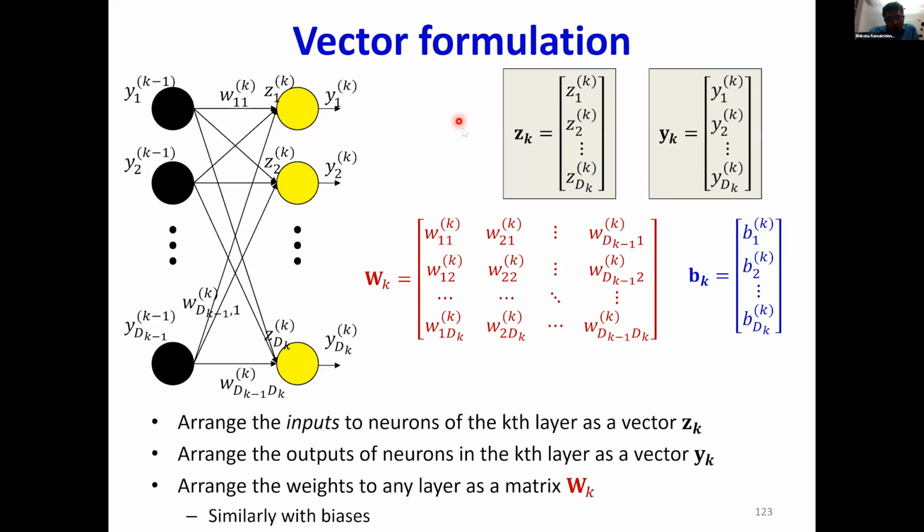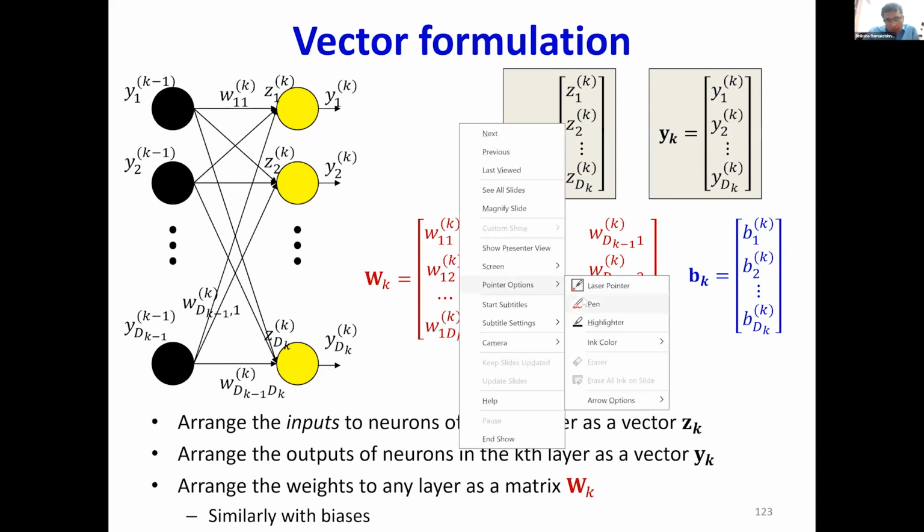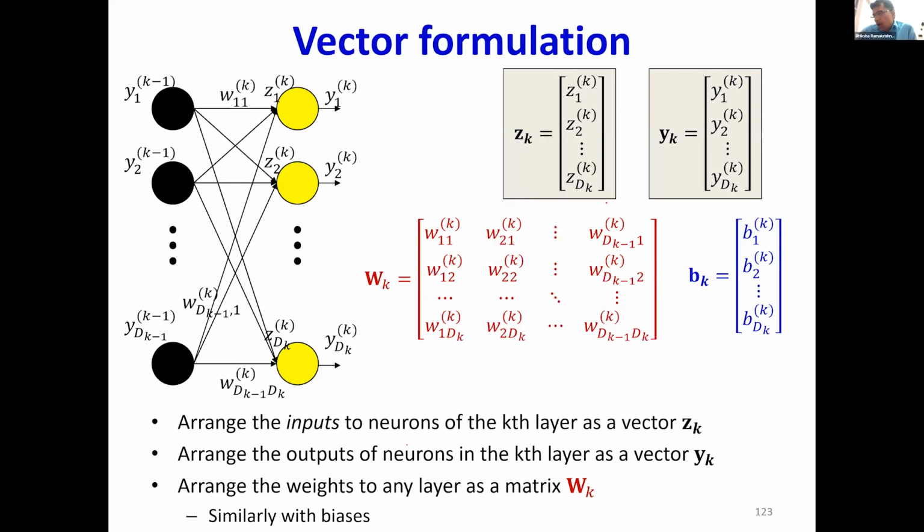So we can write a new variable zk. The subscript k represents the layer, which is simply a vector of all of these affine terms, right? Similarly, I can write a vector variable yk, which is simply a vector of all of these activation output terms.